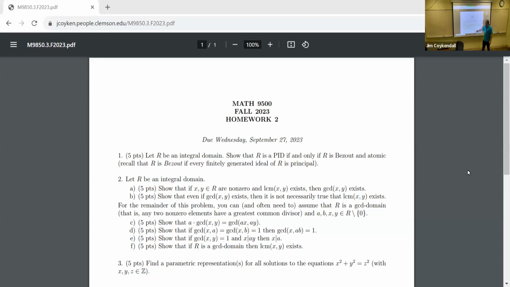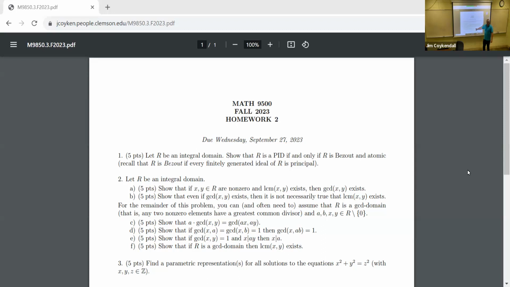I put these in because I think you can build the puzzle and use them along the way. Show that if the GCD of x and a and the GCD of x and b are 1, then the GCD of x and ab is 1.